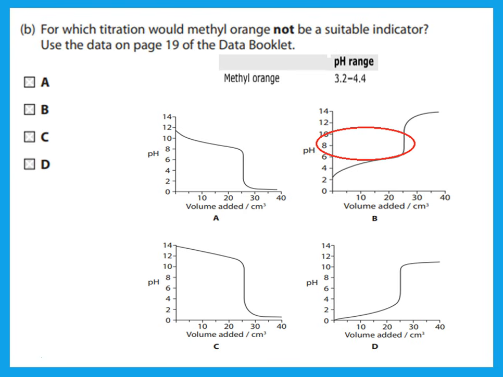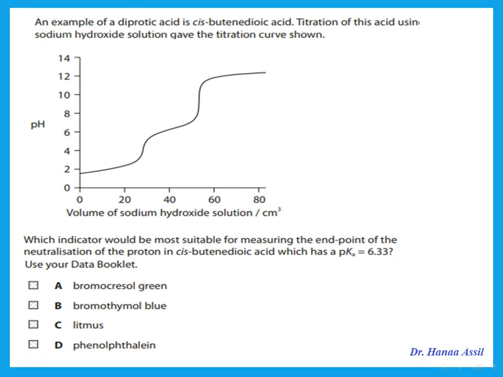This one has a pH of about 9 for its equivalence, so that is too high. We cannot use methyl orange for this. We could use it for the others. You will find that the equivalence point may be around 4.